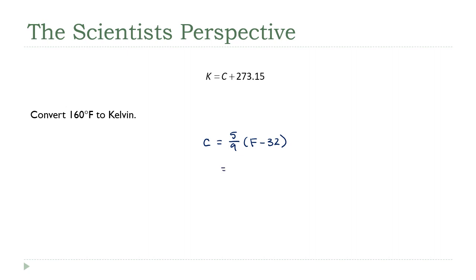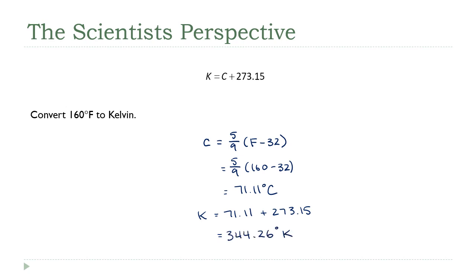So if I put 160 in there, this is 5/9 times 160 minus 32, and according to my calculator, this is 71.11 degrees Celsius. To get the Kelvin number, all I have to do is take that 71.11 and add 273.15 to it, and we get 344.26 Kelvin.